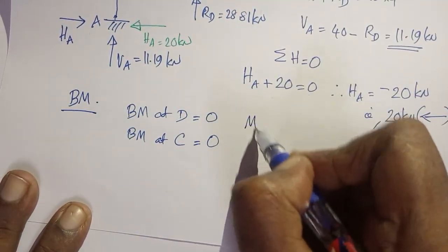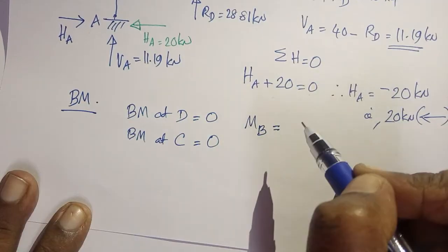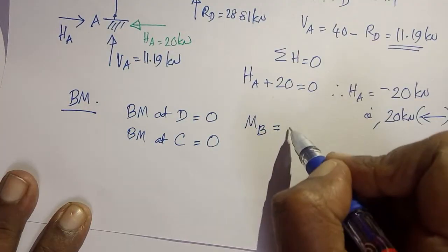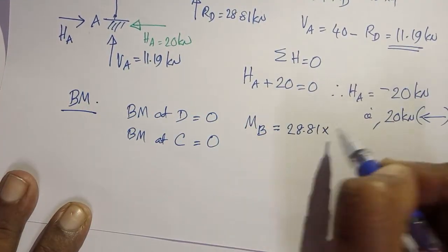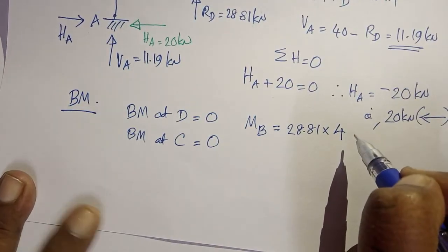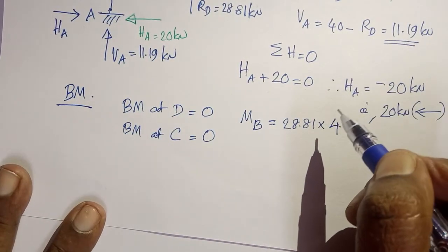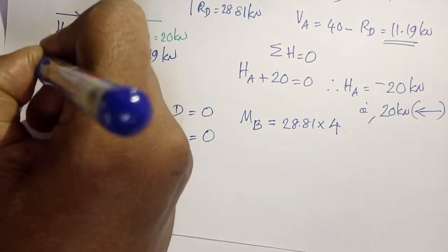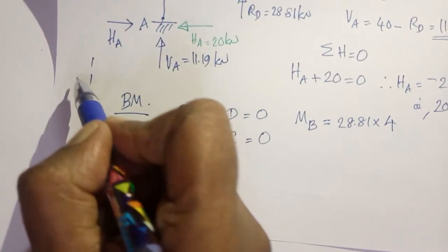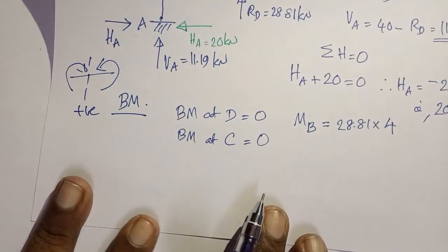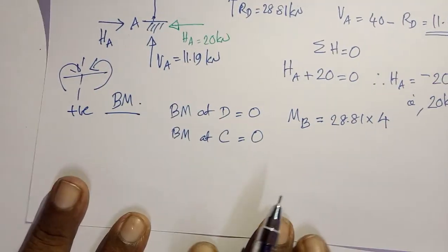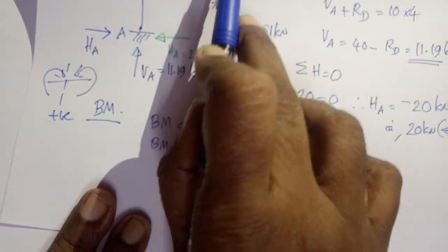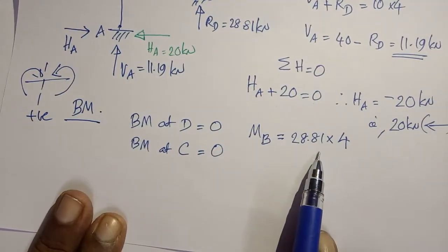Next, bending moment at B equals RD, 28.81 into 4, that is anti-clockwise. The sign convention for bending moment is sagging positive. So for the right of section, anti-clockwise is positive. So RD into 4 is anti-clockwise, so positive.